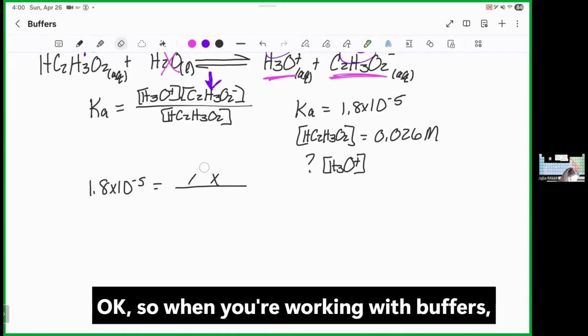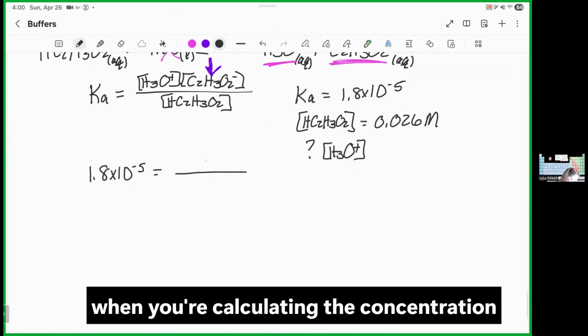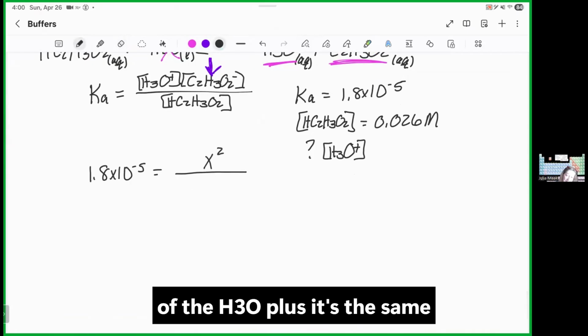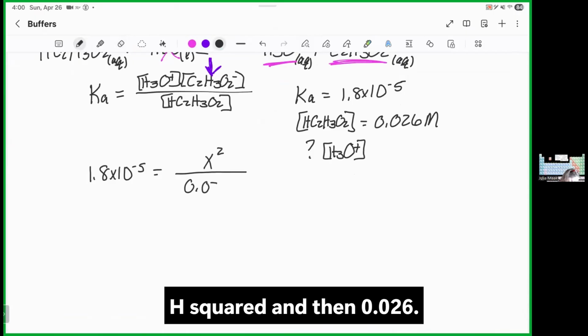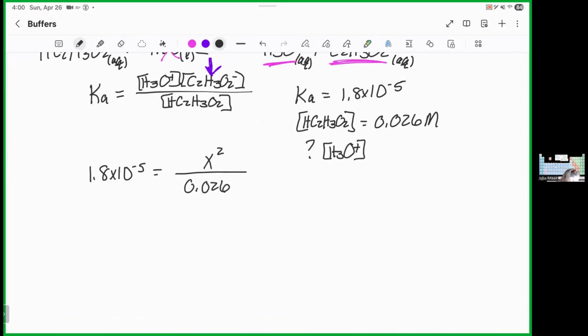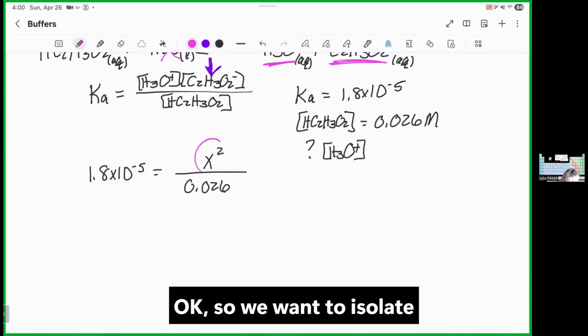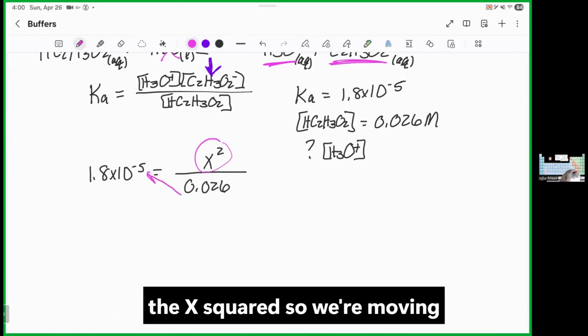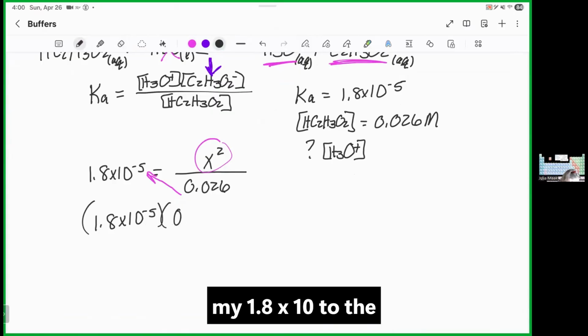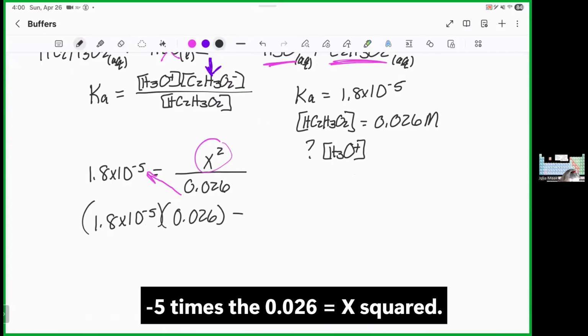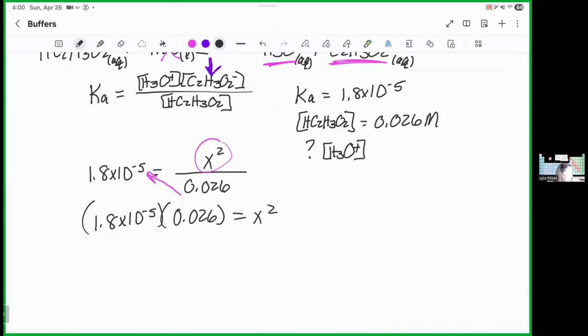When you're working with buffers and calculating the concentration of the H3O plus, it's the same as the conjugate base, so it's always X squared, over 0.026. We want to isolate the X squared, so we move that to the top. So I have my 1.8 times 10 to the negative 5 times the 0.026 equals X squared.